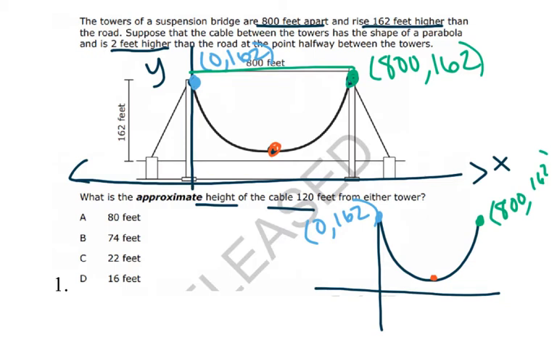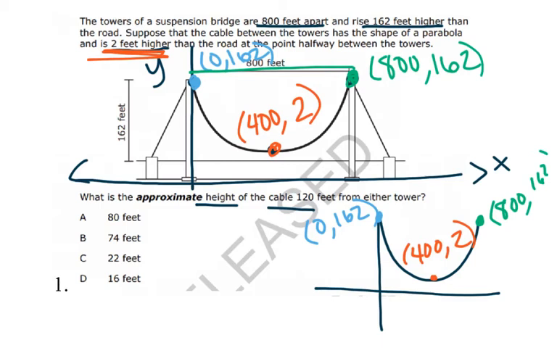What would the x-coordinate be that's directly in the middle of 0 to 800? It would be 400. That's half of 800. And it says that right there in the middle, it's 2 feet high. So it's actually stating exactly the coordinate points. You just have to read and interpret it.